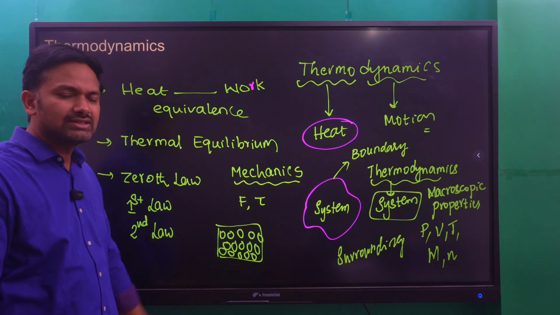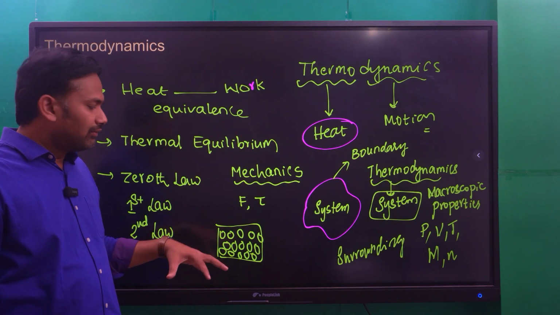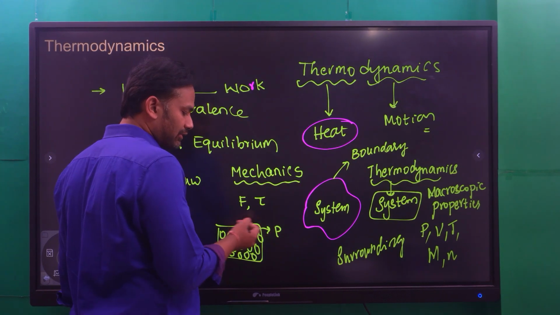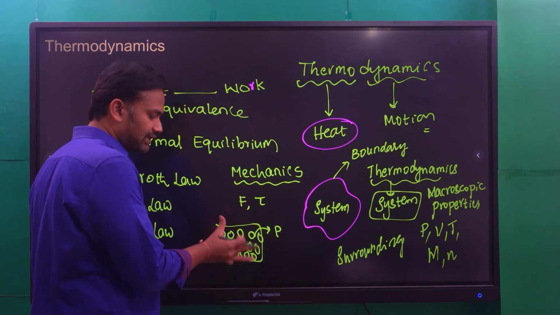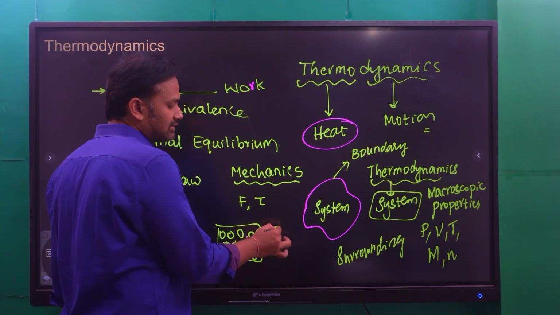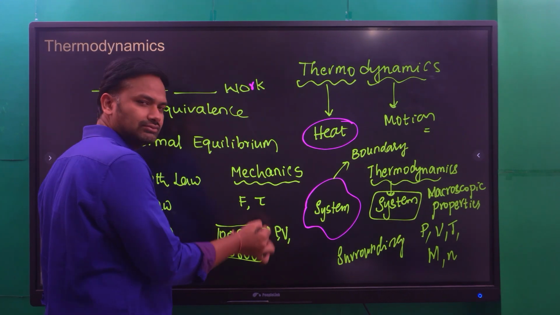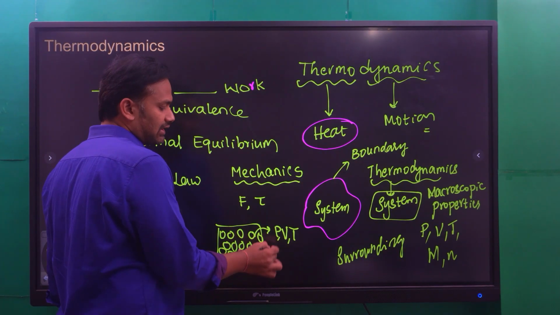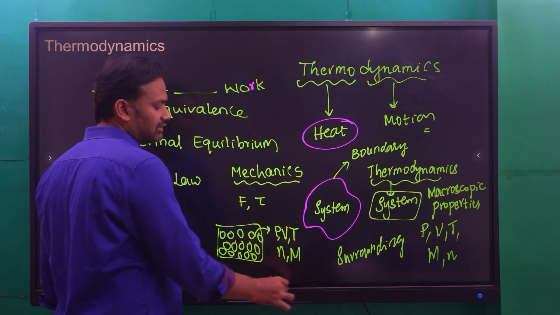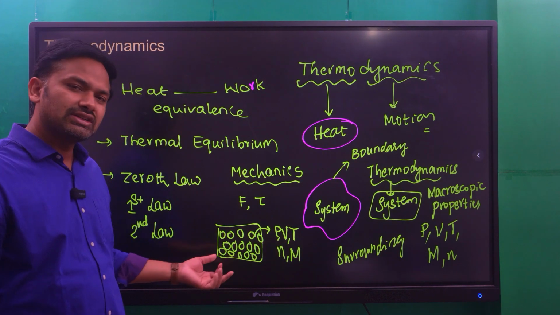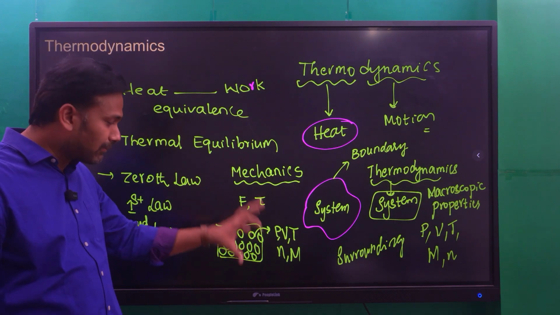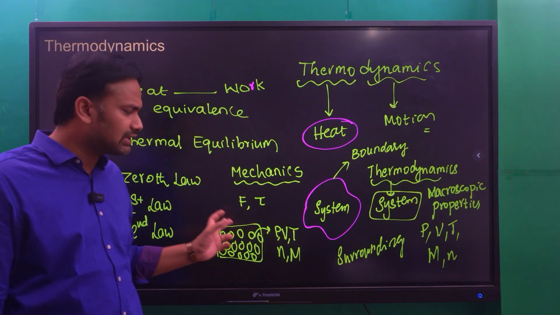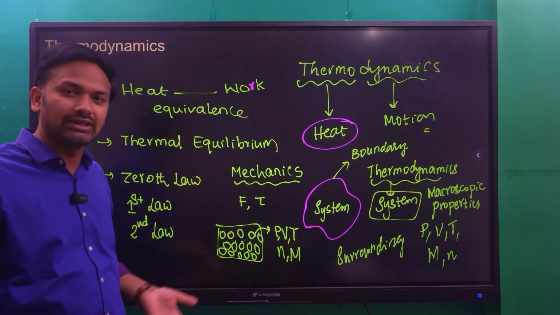These particles have a certain pressure because they are placed in a box, there is a specific volume for this container, the temperature is also fixed, and there are a number of moles and a mass. All these things combined together give us these properties at the larger scale level.